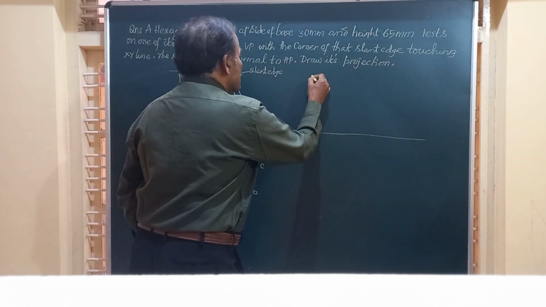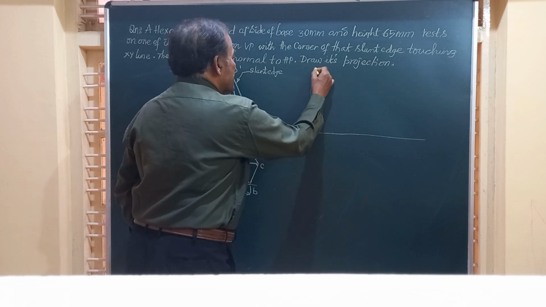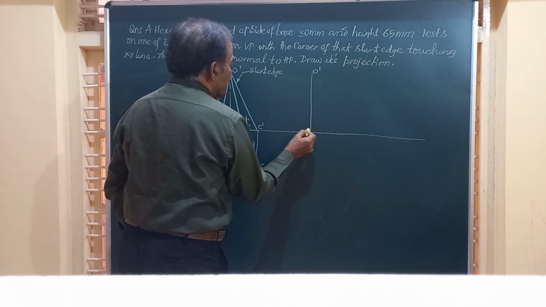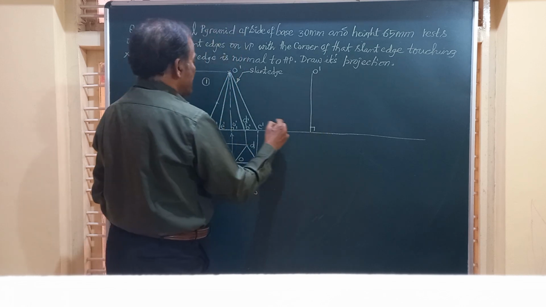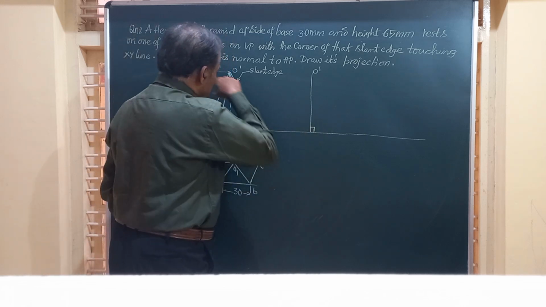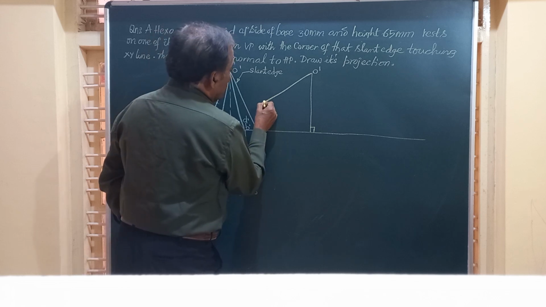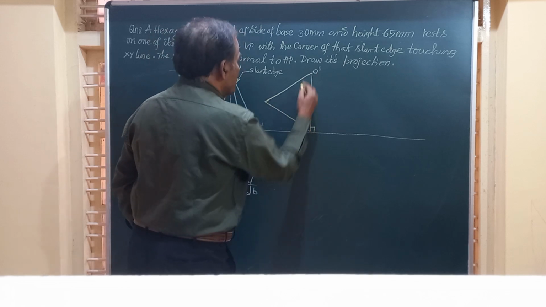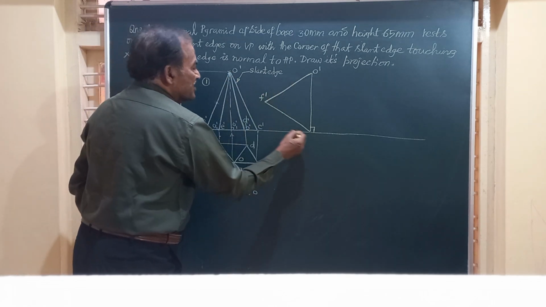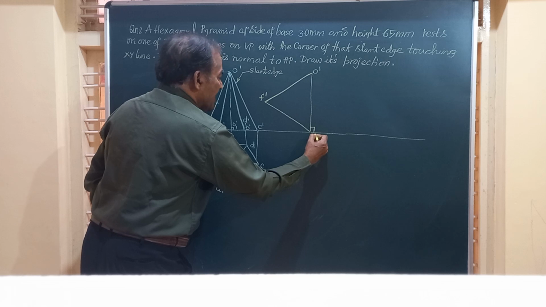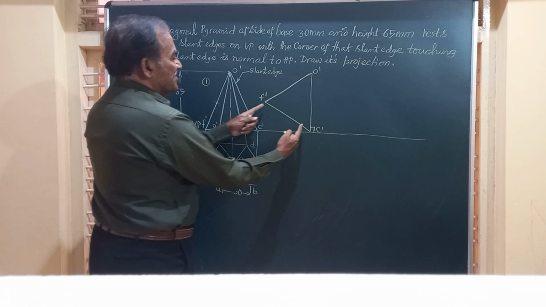Same figure is being redrawn with that slant edge O dash C dash being perpendicular to HP. We call this as C dash. And friends, here I am going to reproduce this figure, and here I will just show you this O dash, this is F dash, and this length O dash C dash is equal to the length here, that is F dash C dash is equal to this.